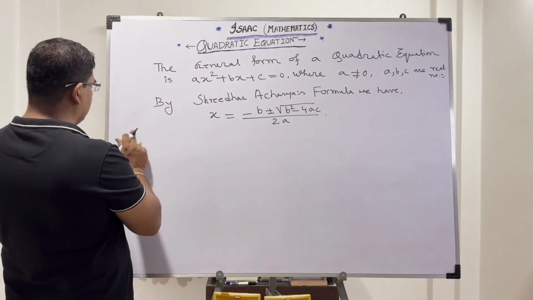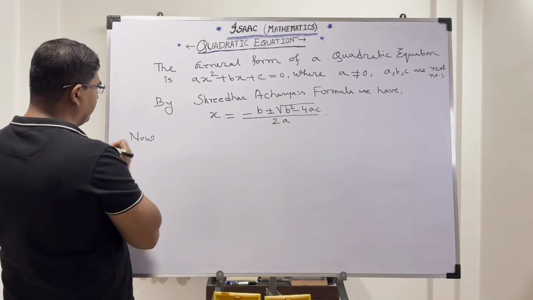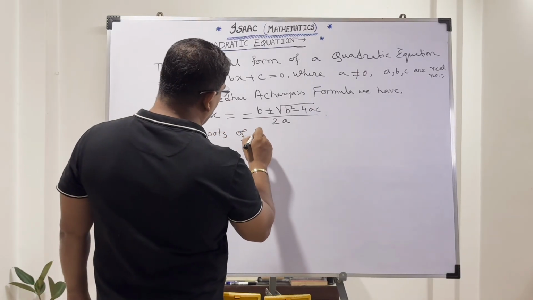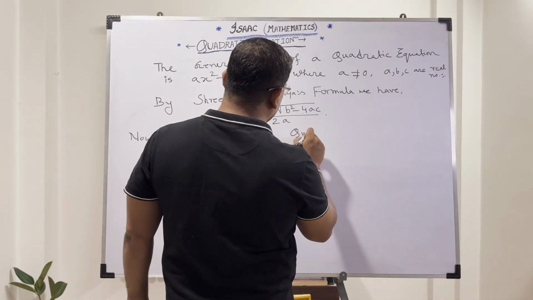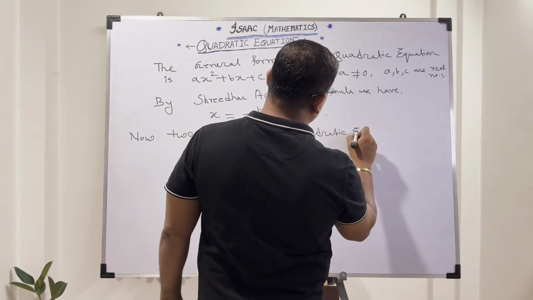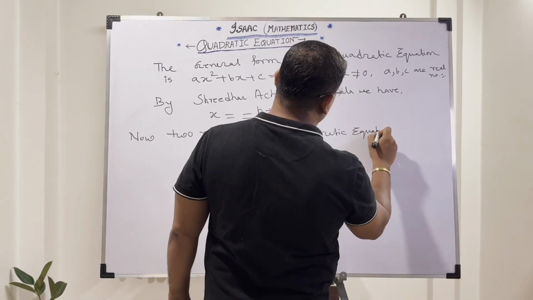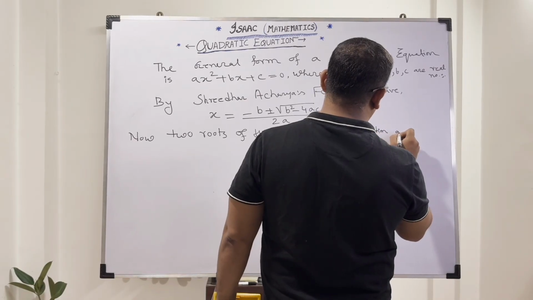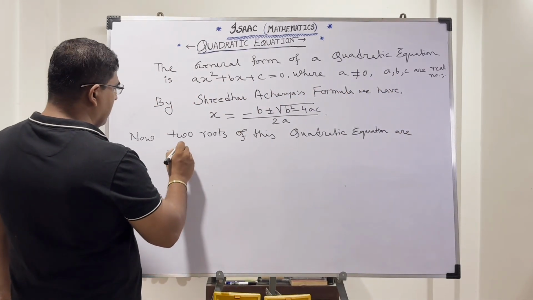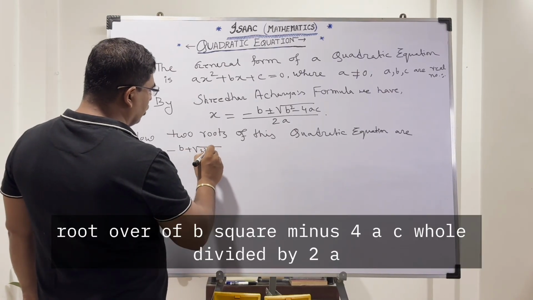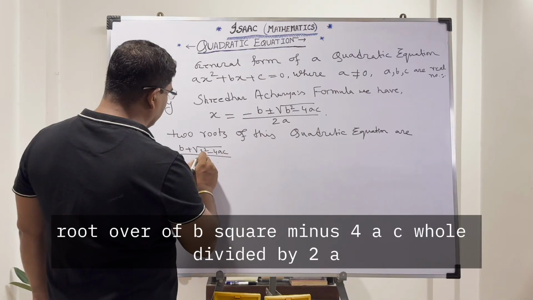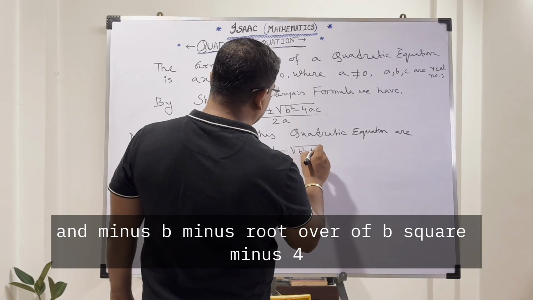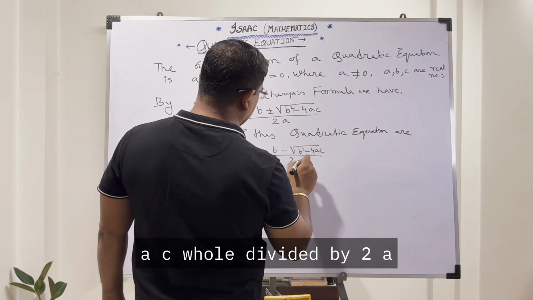Now the two roots of this quadratic equation are minus b plus root over of b square minus 4ac whole divided by 2a, and minus b minus root over of b square minus 4ac whole divided by 2a.